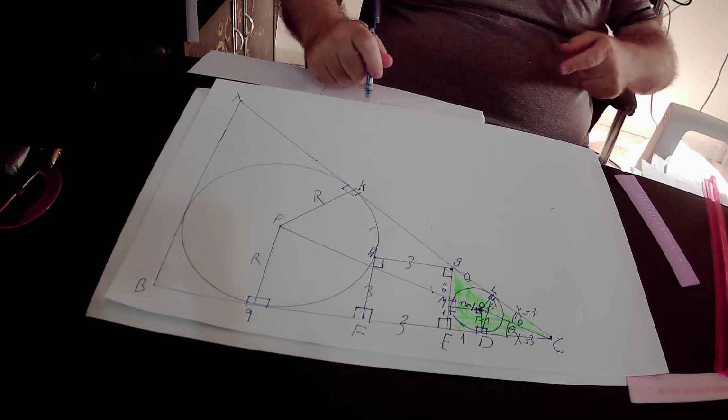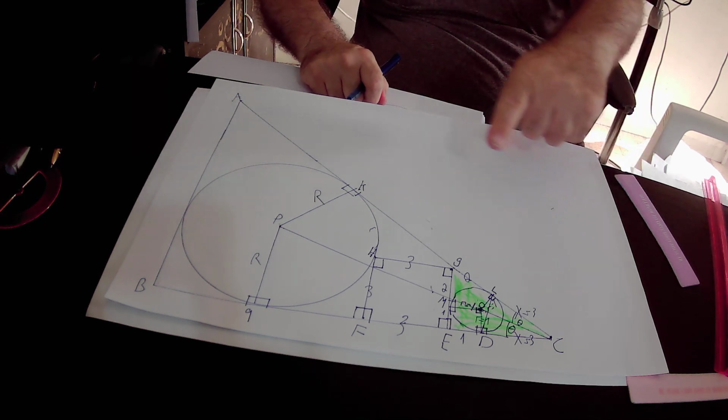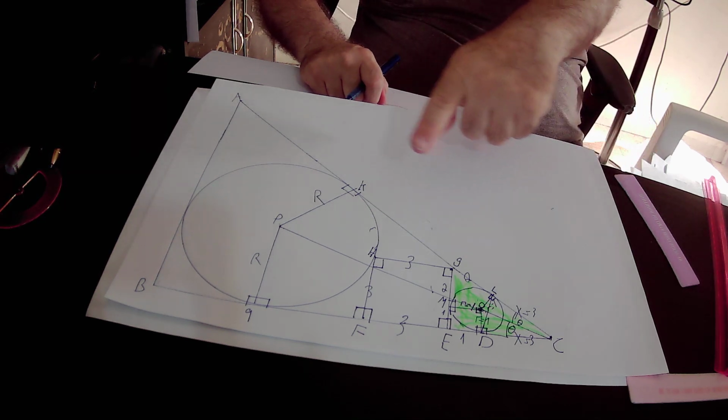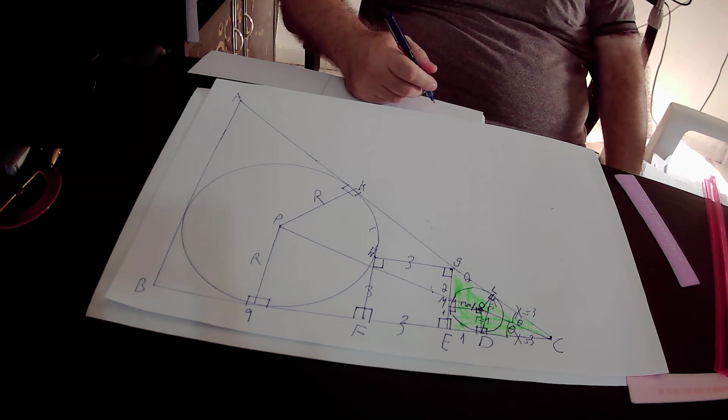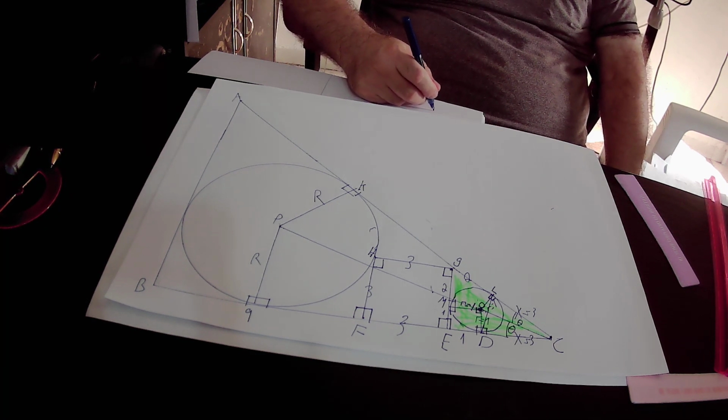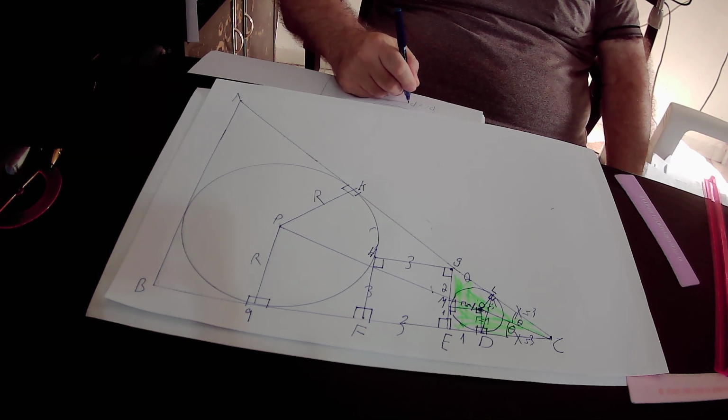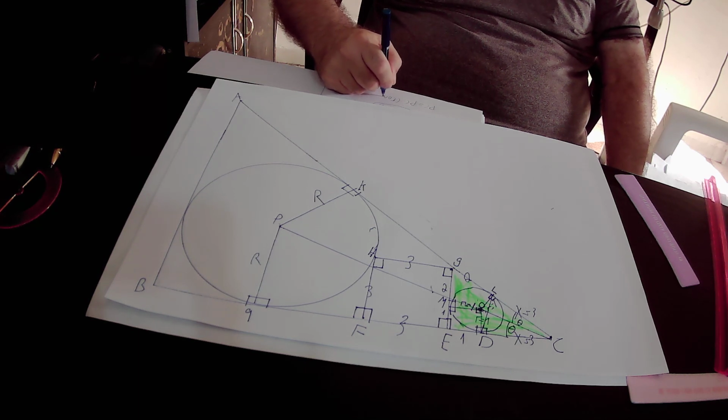And finally, PC is a common side that belongs to both triangles, so PC equals PC as a common side that belongs to both triangles.